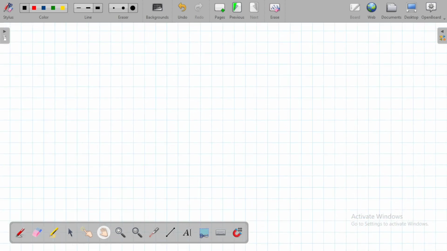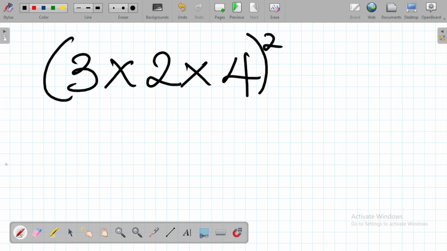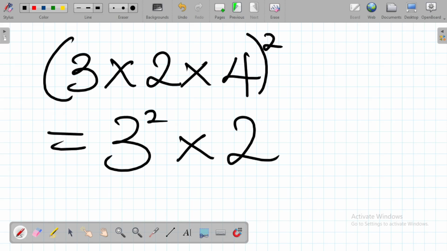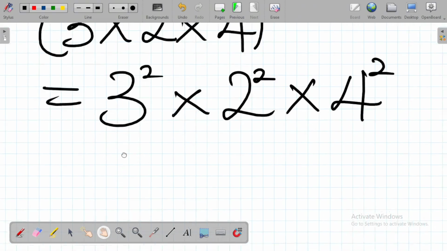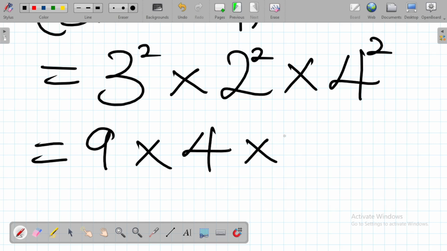Now let's take another example. If we have 3 multiplied by 2 multiplied by 4 all raised to power 2, our answer becomes 3 raised to power 2 multiplied by 2 raised to power 2 multiplied by 4 raised to power 2. 3 raised to power 2 is 9, multiplied by 2 raised to power 2 which is 4, multiplied by 4 raised to power 2 which is 16.